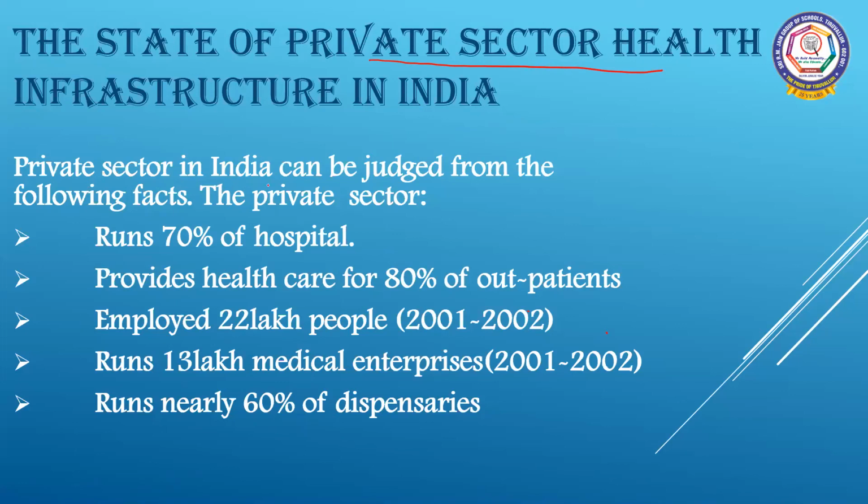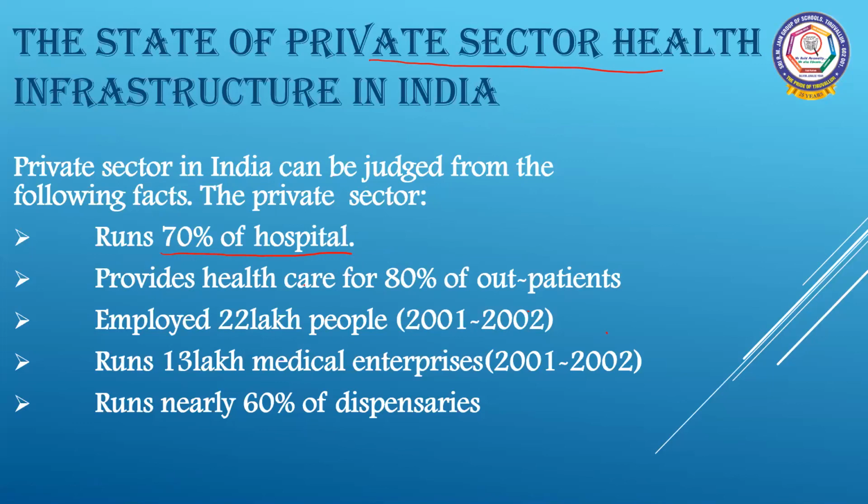The private sector in India can be judged from the following facts. The private sector runs 70% of hospitals. So it means only 30% are government hospitals, and the remaining 70% of the hospitals are run by the private sector.